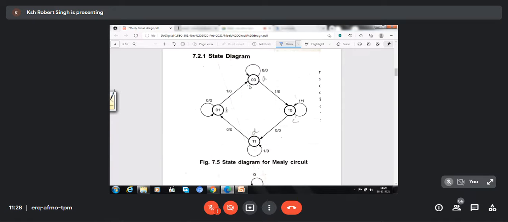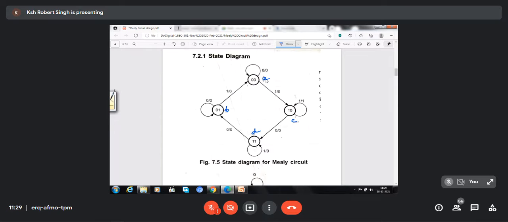Here, how many states do we have? We have A, we have B, we have C. You can change the sequence, and we have D. I make it A, B, C, D because it is 00, 01, 10, 11.